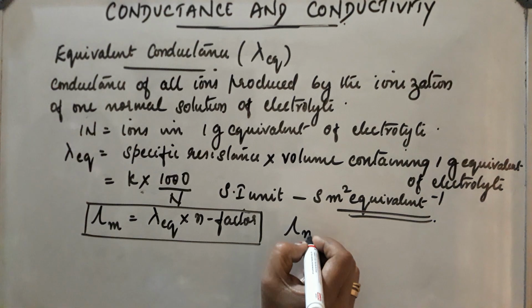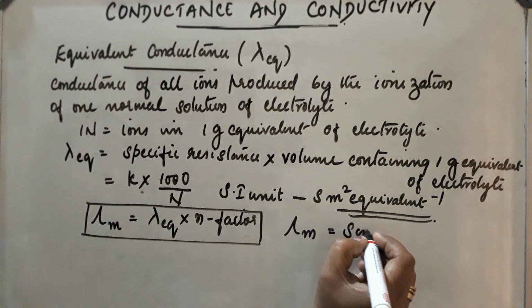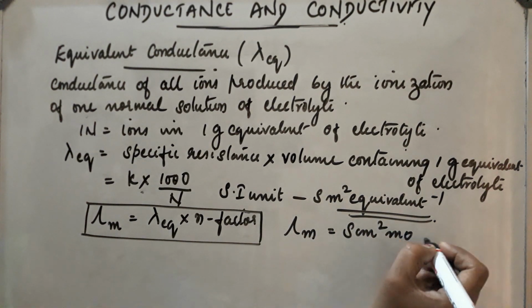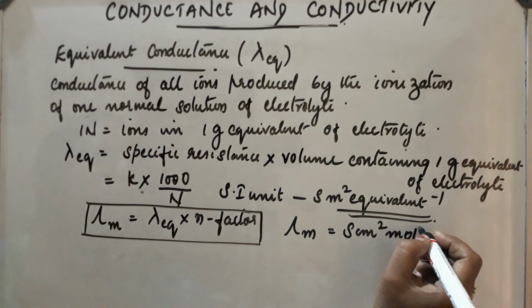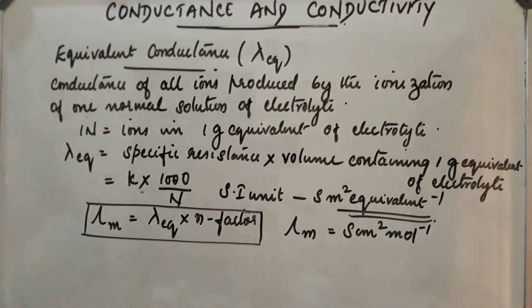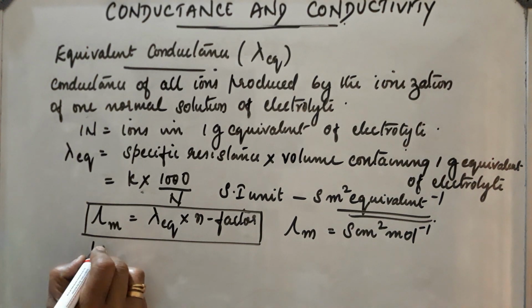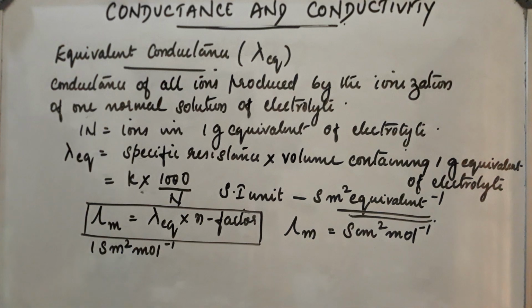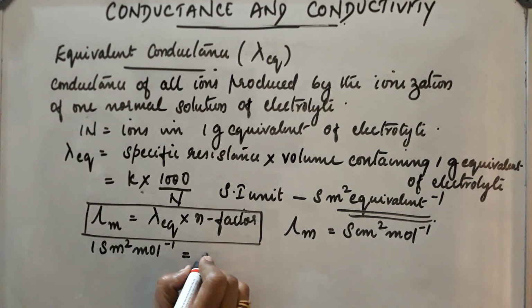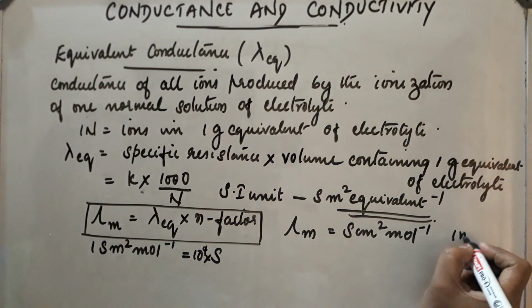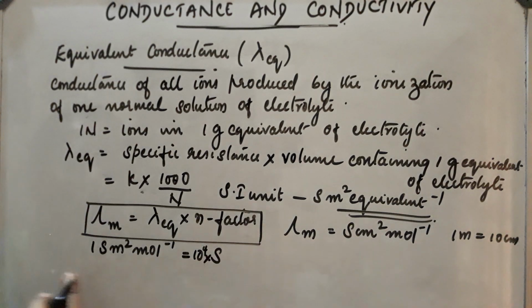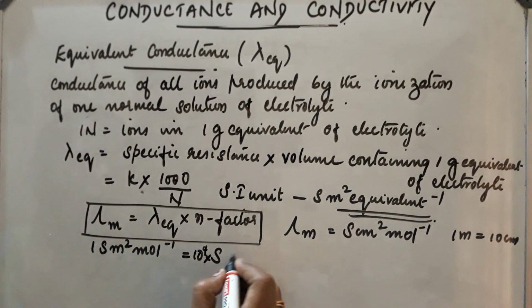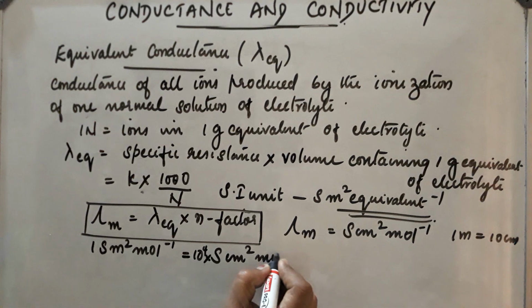The unit of molar conductance is S centimeter square mole inverse. 1 S meter square mole inverse will be 10 raised to 4 S centimeter square mole inverse, because 1 meter is 100 centimeter.